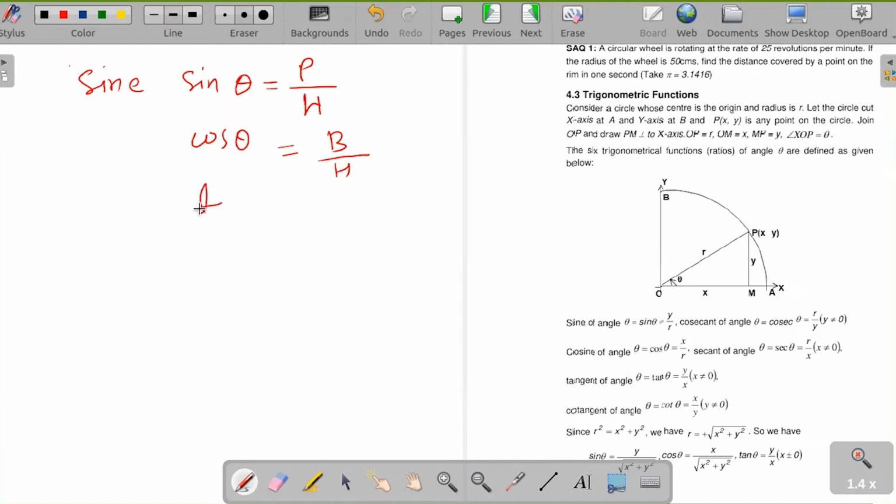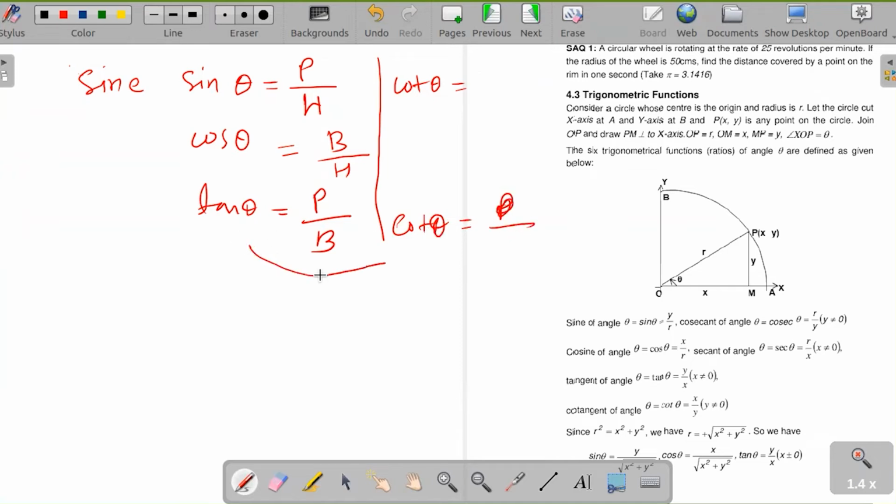Then we have tan, which is always perpendicular by base, and then we have cot, just the reverse of tan. Like this is p by b, then cot will be b by p.